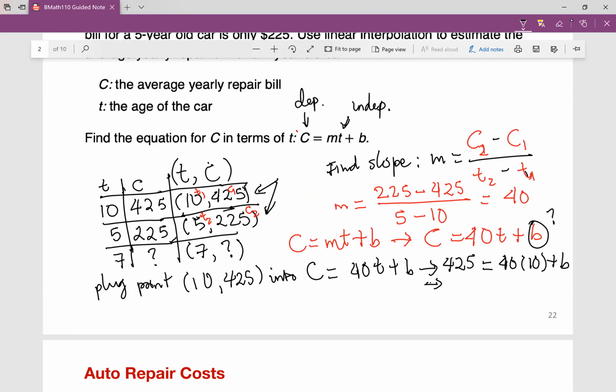So I have 425 equal to 400 plus B. And then minus 400 from both sides.